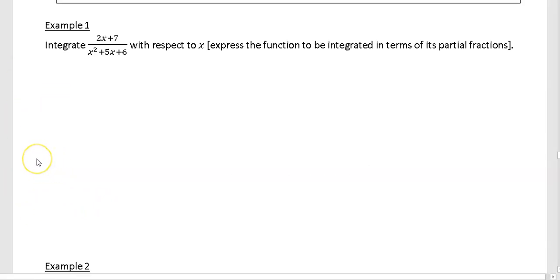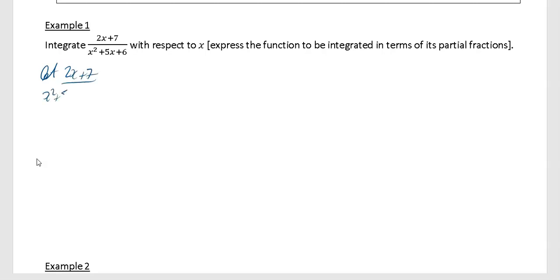Okay, so we'll just have a look at this. I'm just going to say, first of all, let (2x + 7) over (x² + 5x + 6) be equal to A over, and if you factorize the bottom line, the denominator, you'll have (x + 2), and then B over (x + 3).